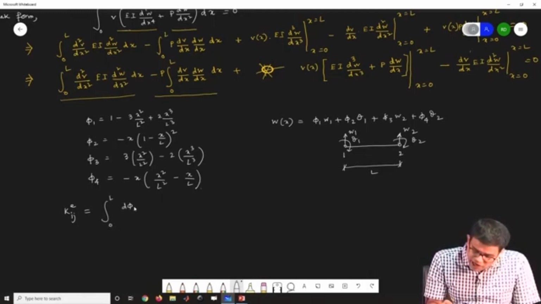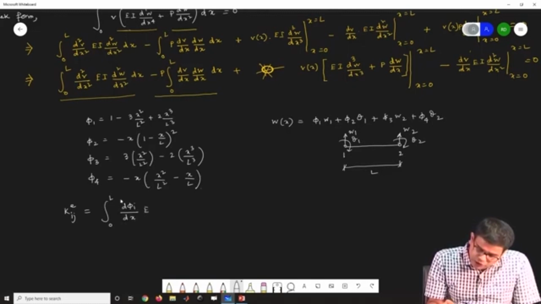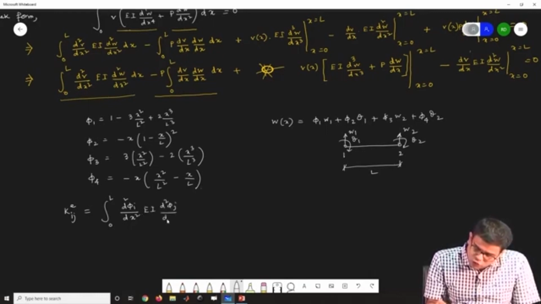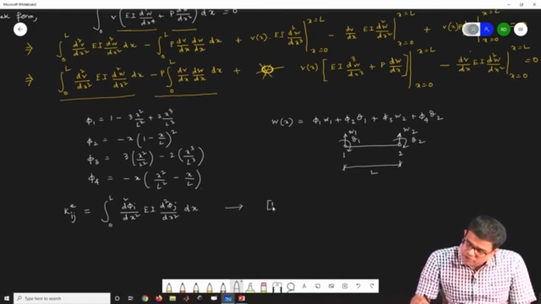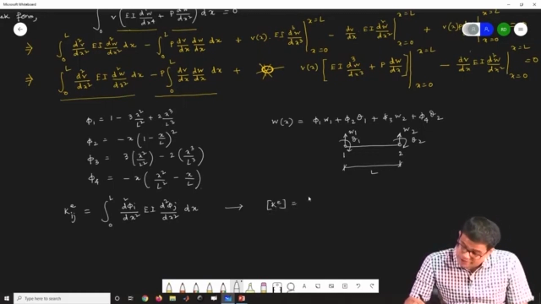So dφi dφj into d²w, obviously, so EI d²φj/dx² dx, and this will lead to my beam stiffness matrix, which is Ke, the elemental beam stiffness matrix.